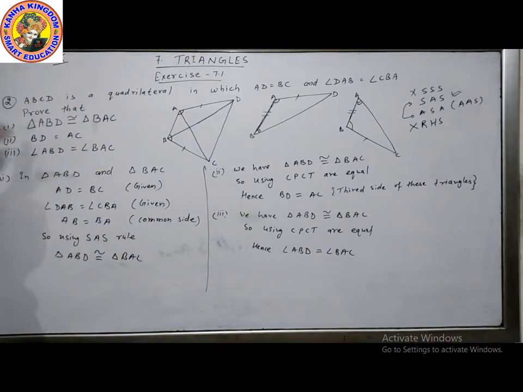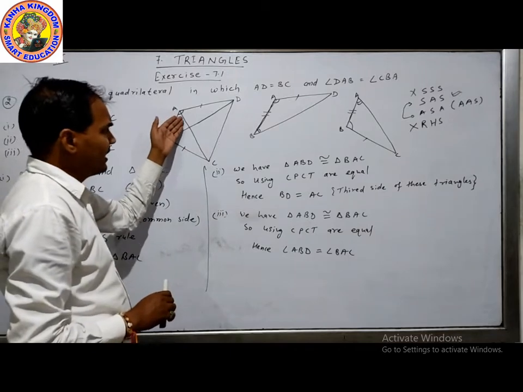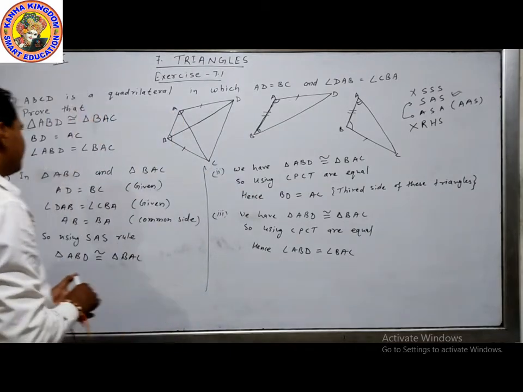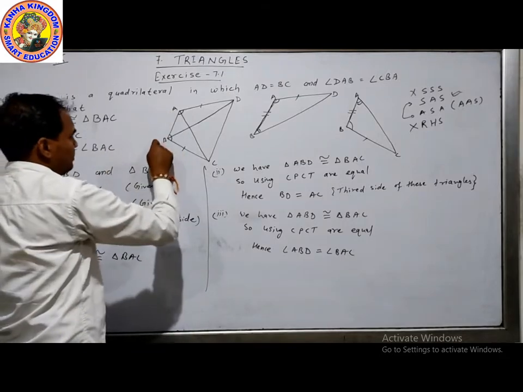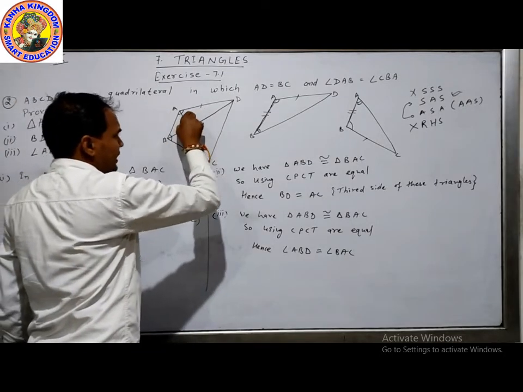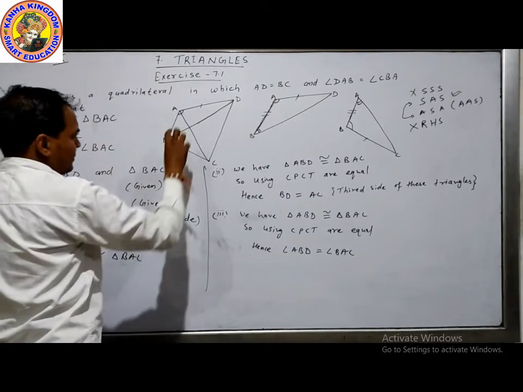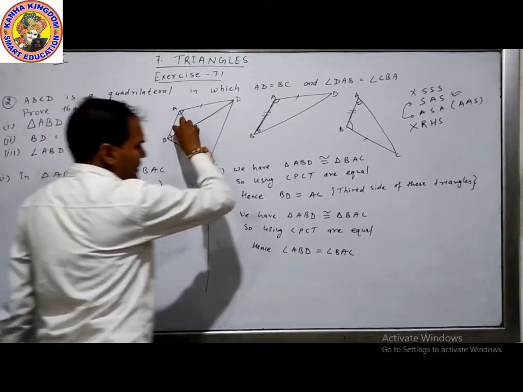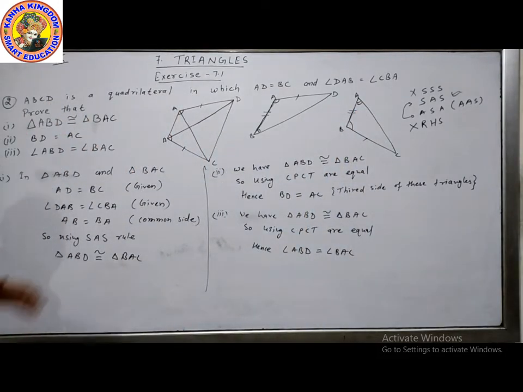Then prove these three statements. There are two triangles. We have to move these triangles outside the diagram: triangle ABD, the upper triangle, and triangle BAC, the lower triangle. We have to move them outside.